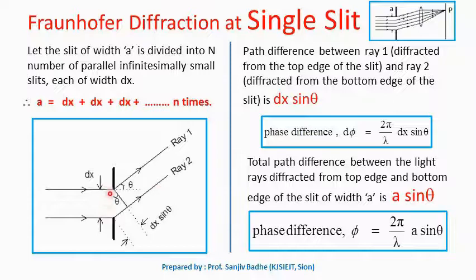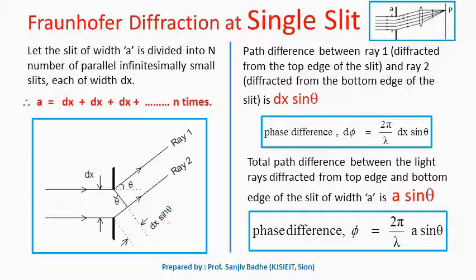Let us consider one slit of width dx. So the slit is so small that only one light wave is emitted from it. So this is the light ray, ray number 1, which is diffracted from this slit, and this is the light ray which is diffracted from the lower slit, the top of the lower slit. If you find out the path difference between ray number 1 and ray number 2 from this diagram, you can note that the path difference between them is dx sin theta.